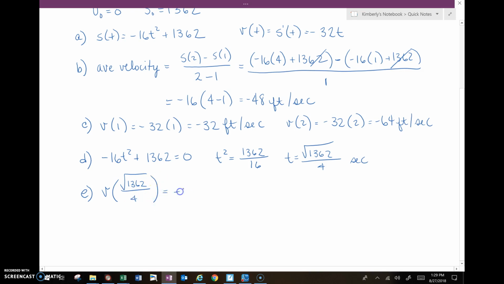So that equals negative 32 times the square root of 1,362 divided by 4, and I guess I'll clean this up a little bit and say that's negative 8 times the square root of 1,362 feet per second. Again, when the silver dollar hits the ground, it's obviously moving in a downward direction, and its velocity is going to be negative when it goes splat and hits the pavement.